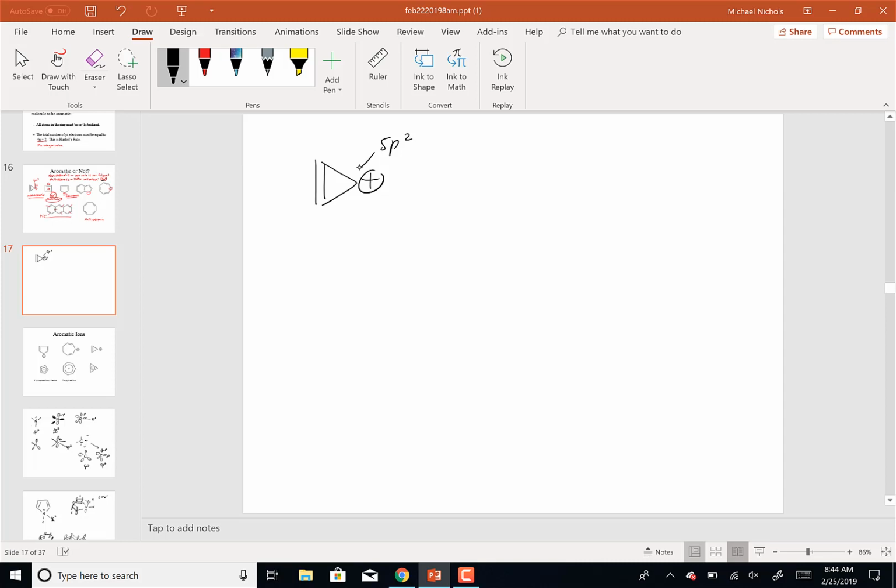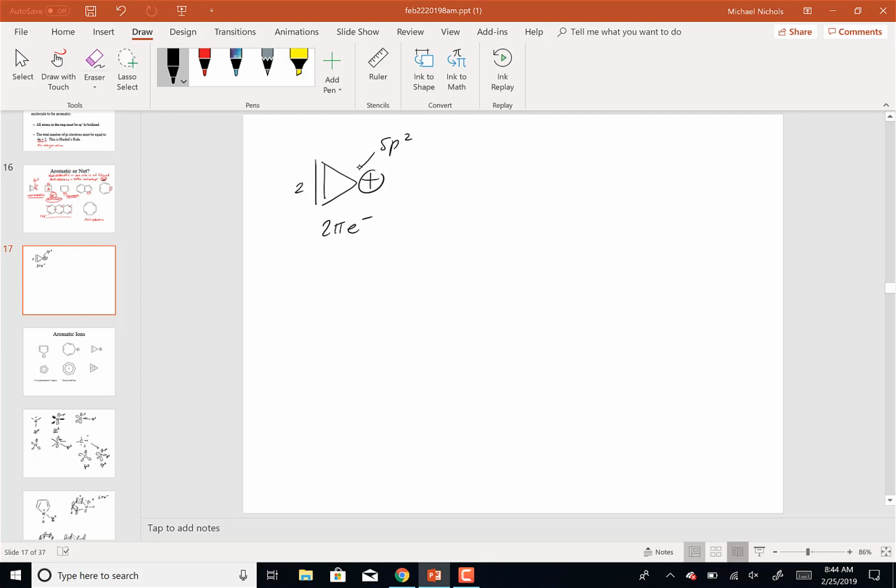How many total pi electrons? 2. How many in the carbon? 0, because it's a carbocation. So there's 2 pi electrons here. Does that fit the rule? Does that fit Huckel's rule? Yes.